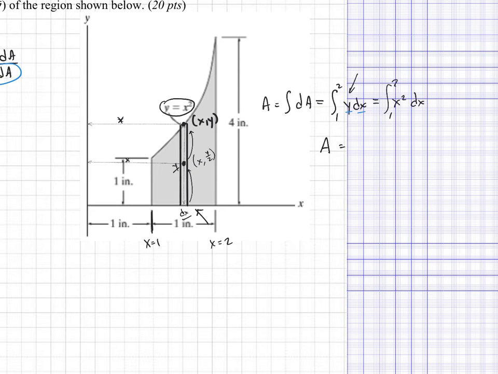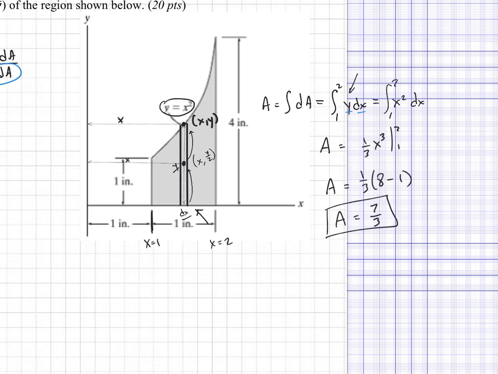We integrate that x squared and get x cubed over 3 from 2 to 1. Plugging that in, I get 8/3 minus 1/3, really 1/3 of 8 minus 1. So A equals 7/3, and that's how this is done.